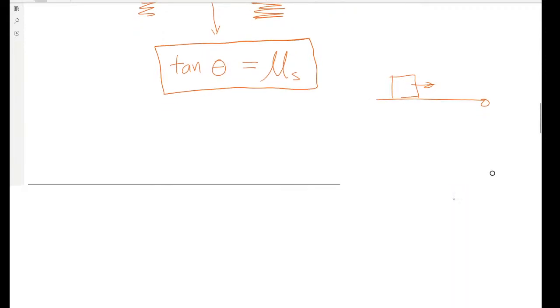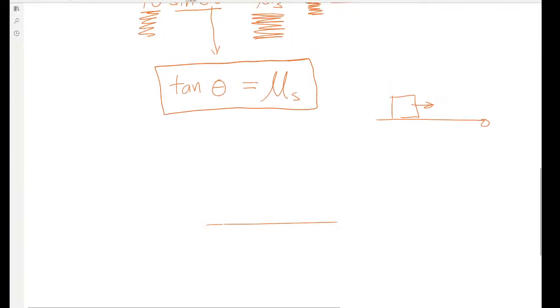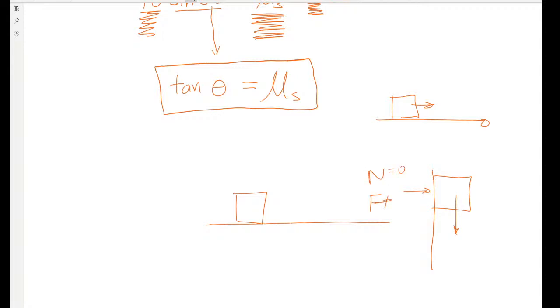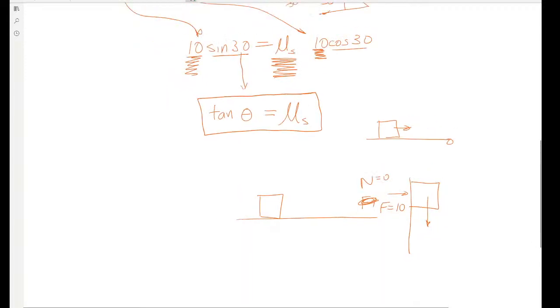Legitimately, you could take your surface and glue the block on there and then turn it straight vertical. If it's turned straight vertical and there's a force down, your normal would equal 0, and your force would be equal to 10 pounds or so, whatever it is.